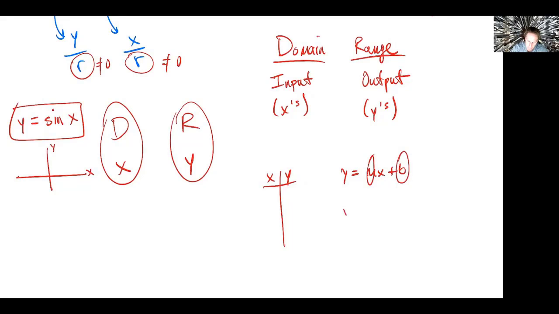When they gave us something like y equals 3/2 x minus 5, for example, we said that takes too long to sit there and input things that are both divisible by 2, then had to be multiplied by 3 and subtracted by 5 just to find the output. We need to get a few of these ordered pairs in order to graph our line, whatever it looks like. We said that took too long.